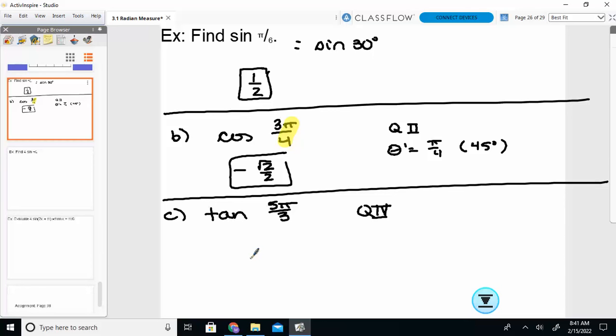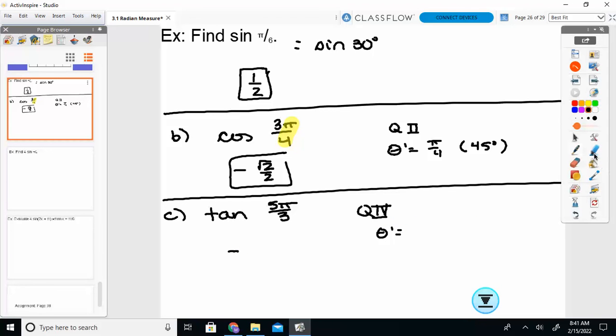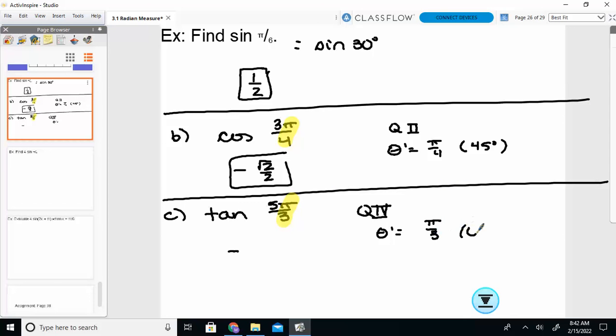And I use my quadrant to decide positive or negative. Is tangent positive or negative in the fourth? Reference angle. When you have these radians, the reference angle is really easy. You just ignore the top. So it's just pi over 3. 60 degrees. So what is the tangent of 60? So my answer is negative radical 3.